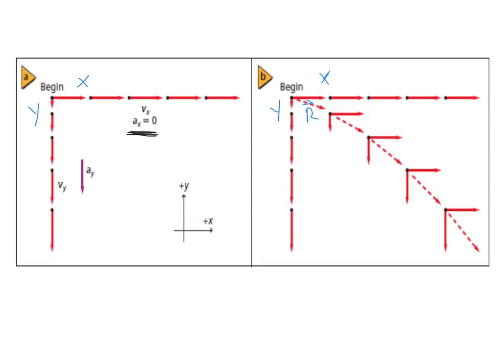That is why we have an acceleration in the y direction, pointing downward. I'm pretty sure you could take a guess as to what value that acceleration in the y is. Since it's an acceleration due to gravity, what is that going to be? 9.8 meters per second squared.